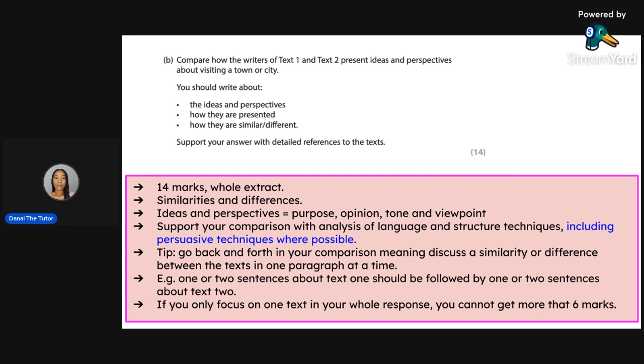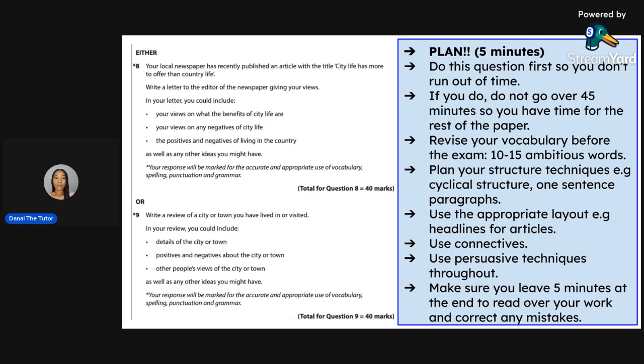So go back and forth. If you only focus on one text, you will be capped at 6 marks, okay? Meaning you won't be able to get more than 6 marks on this question. So you really need to make sure that you are going back and forth with your comparison, looking at both texts and showing that balance and that comparison.